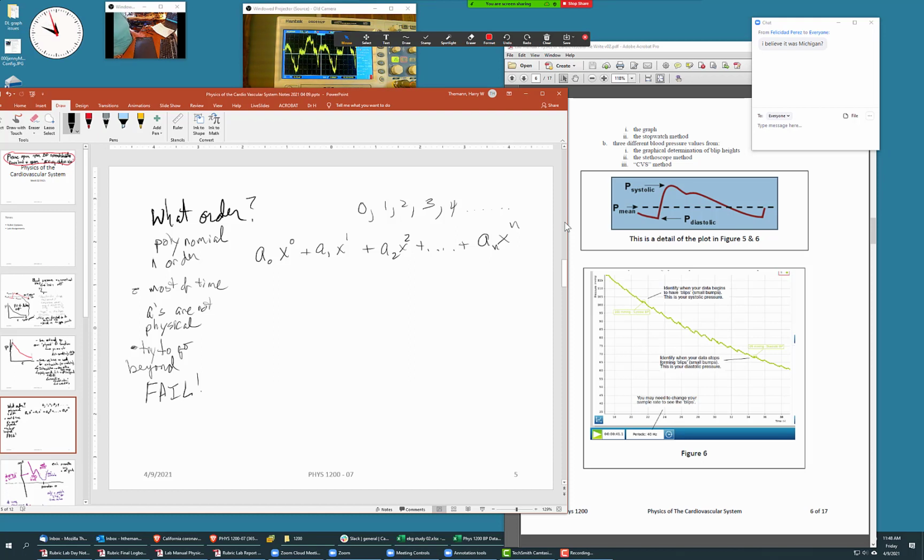So it's only really good to give you, in the science world, we do this to try to help us. Like if we just can't think of a fit function, we'll do a polynomial fit to help give us some idea of what's going on.